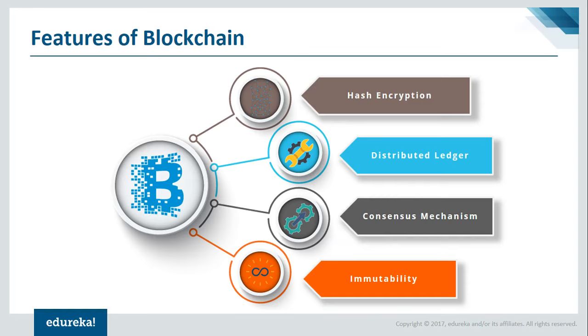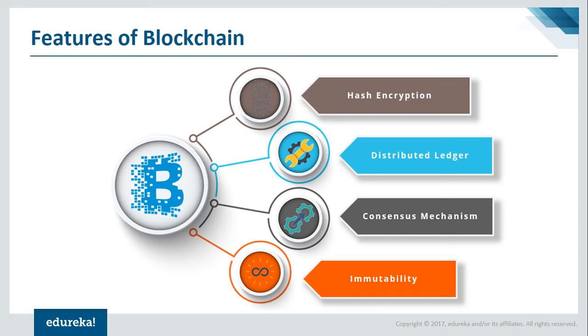First comes the encryption system. Blockchain in itself uses a hash encryption system to store any details associated with it, be it the user details, be it the transaction details, be it any details with respect to the same. To be more precise, it uses the SHA-256 encryption system for that.